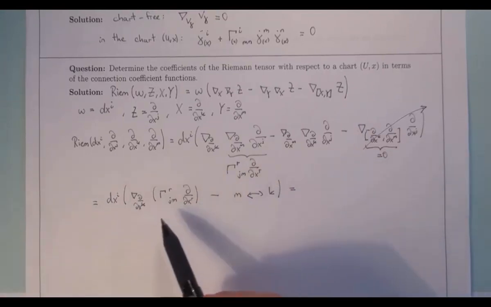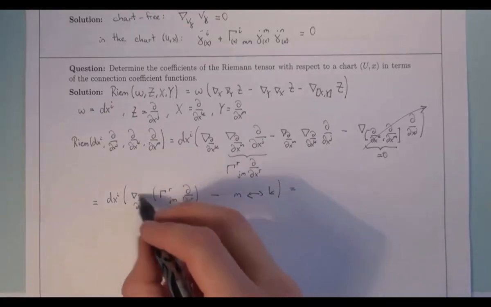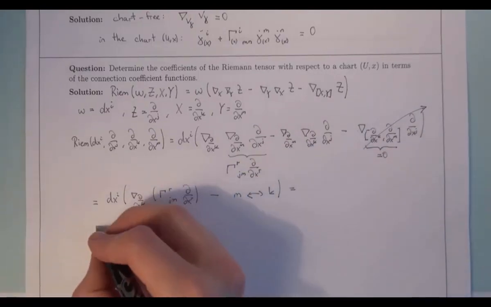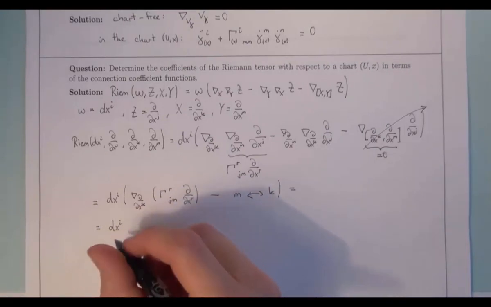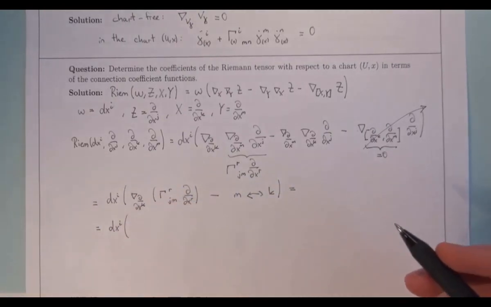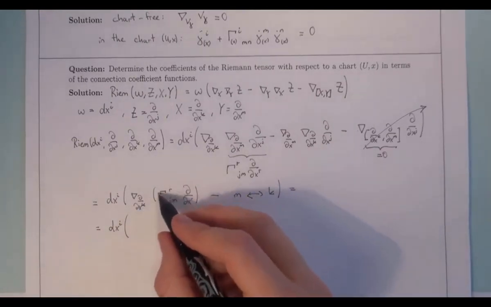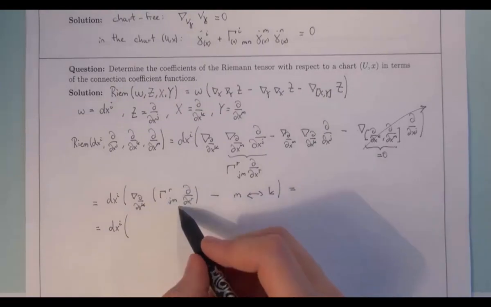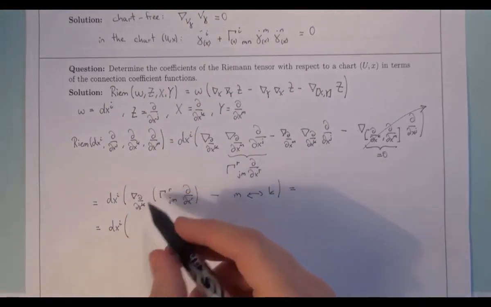So, now we have here connection coefficient functions and this basis field, and we can act on it with this covariant derivative with the product rule. So we find that this is del xi. If we first act on this connection coefficient function, well, the action is easy.